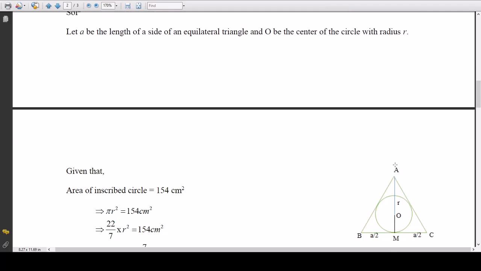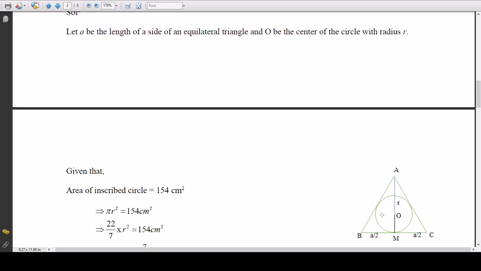Inscribed means within this equilateral triangle. Circumscribed means the circle should be touching the vertices, but inscribed means it should be inside this equilateral triangle.